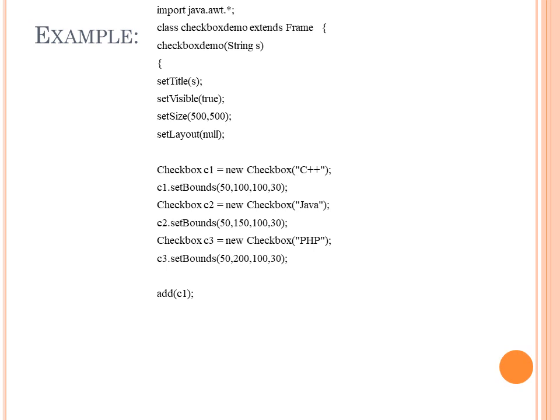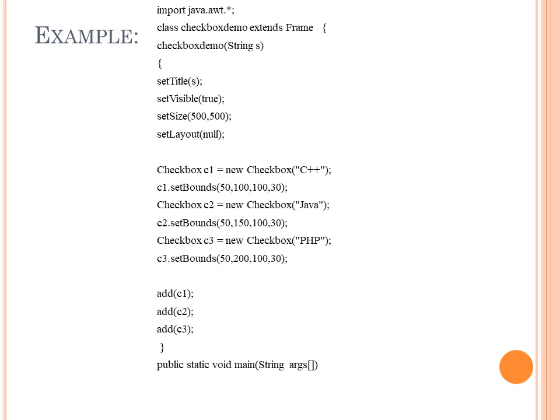So after declaration of these checkboxes, we need to add them inside your frame. So we are writing add c1, then add c2, add c3. So the objects of the checkbox will be added to your frame.